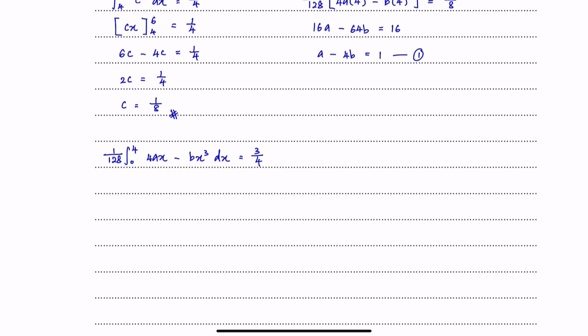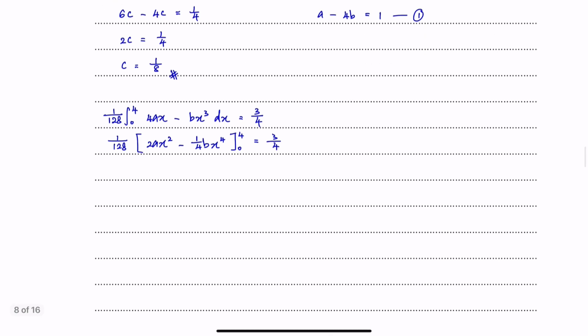We have 1 over 128 times 2ax squared minus 1 over 4bx to the 4 equals 3 over 4, and we sub in the values into x.